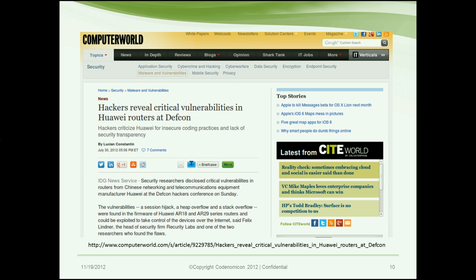Dan Kaminsky, who found a big DNS bug in 2008 and works at Cisco, said it was a prime example of a platform where you would write easy exploits. So this just shows that finding these vulnerabilities in routers is not something that could possibly happen, but is already actively happening at the moment.